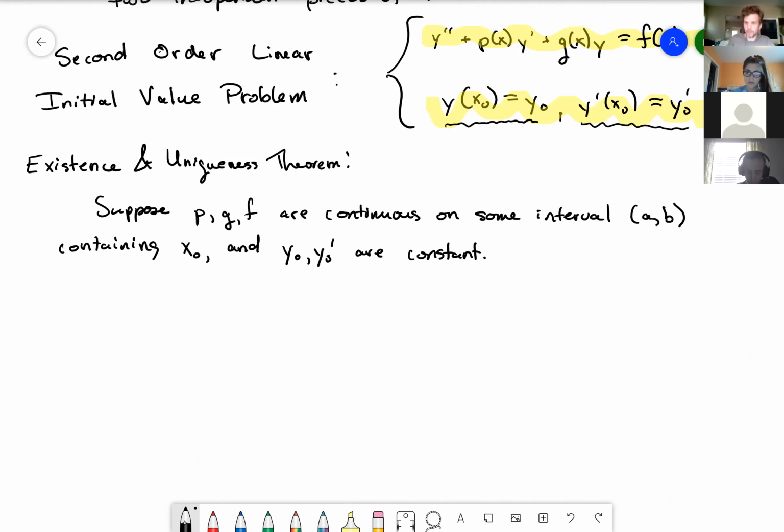They're arbitrary real values. So we have an arbitrary initial value and an arbitrary initial first derivative.